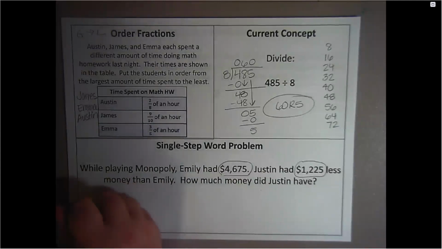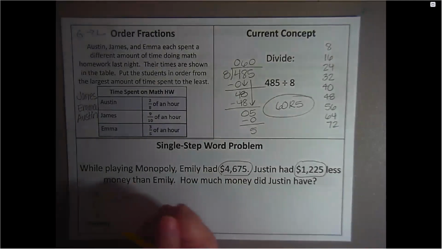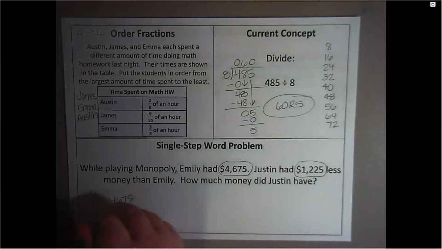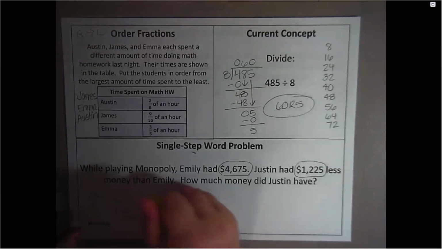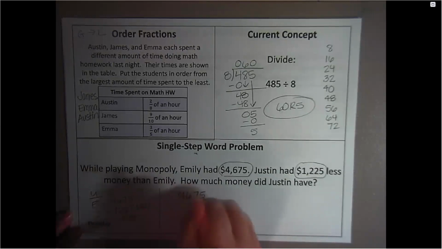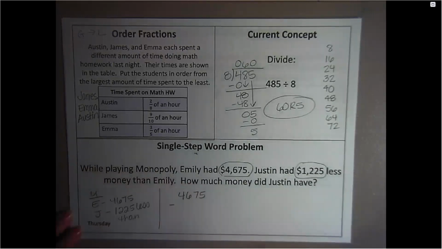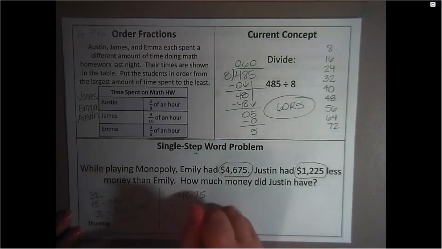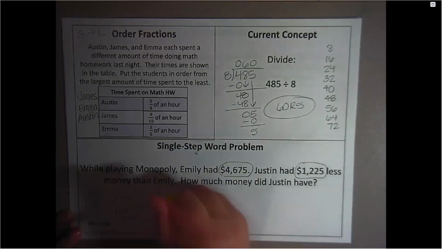So I'm going to understand Emily has $4,675 and Justin has $1,225 less than her. So that less than means that I'm going to subtract. So I'm going to subtract 4,675 minus 1,225, and that's going to be my plan.